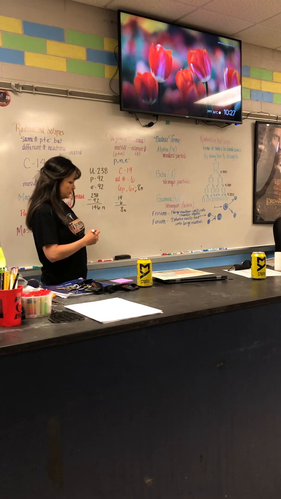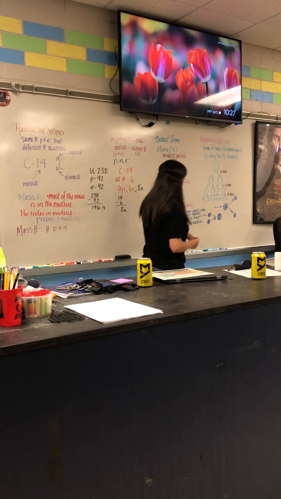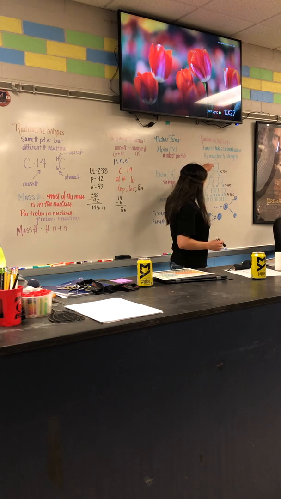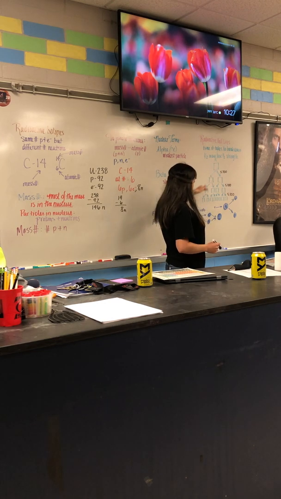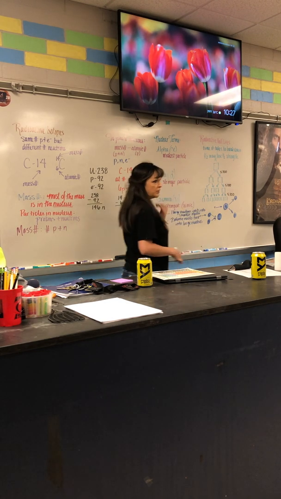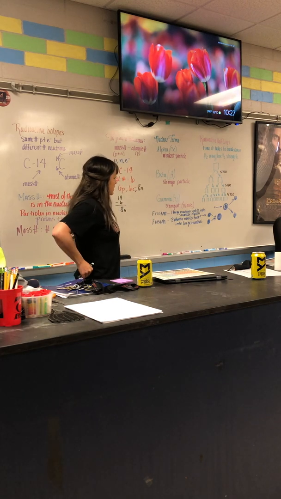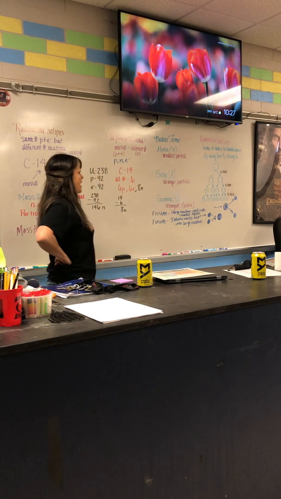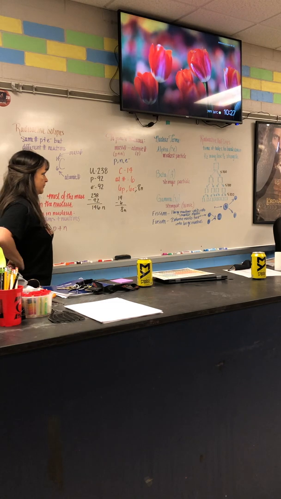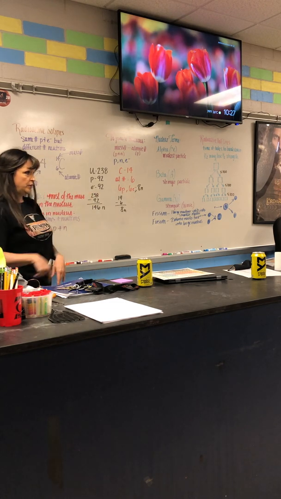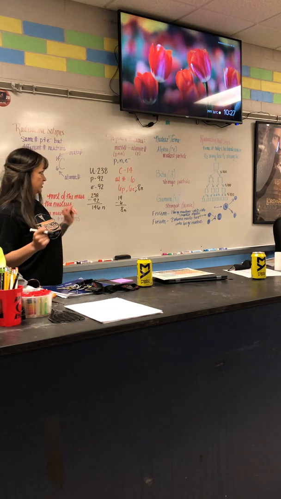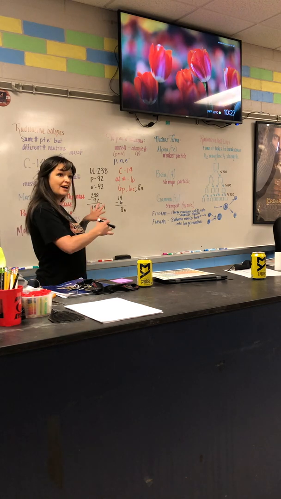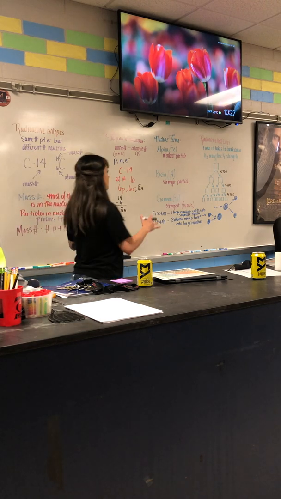So you can actually look at a sample and see how long it's been breaking down based off of how much carbon-14 is left in it. And you can work stuff backwards too, like you can say we know we started out with this much, ended up with this much, how many half-lives had to take place, so you can figure it backwards.